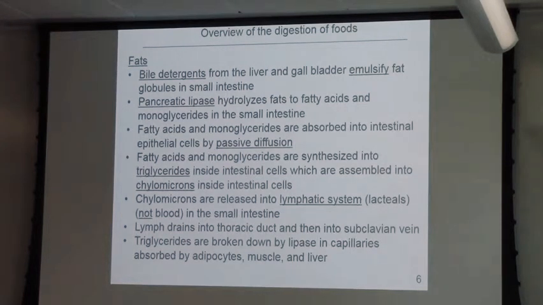The chemical digestion starts in the small intestine when bile from the liver is injected into the stuff that's going through your intestines from the gallbladder, where the gallbladder is going to squirt bile into the chyme that is leaving the stomach and going into the small intestine. Bile is a detergent.